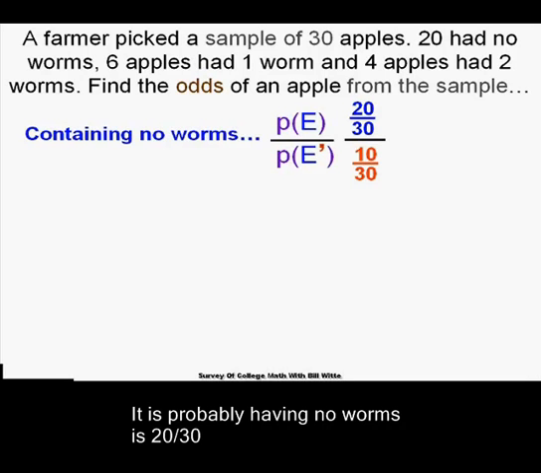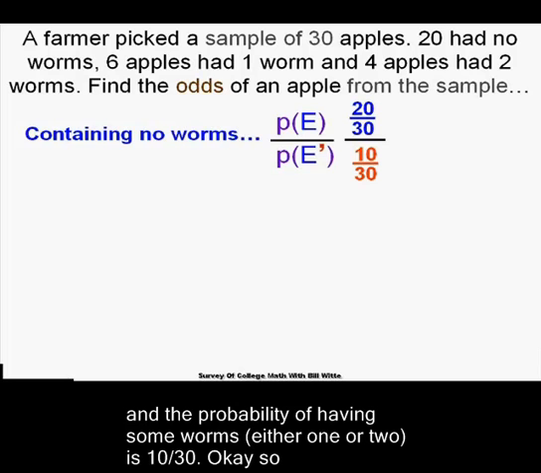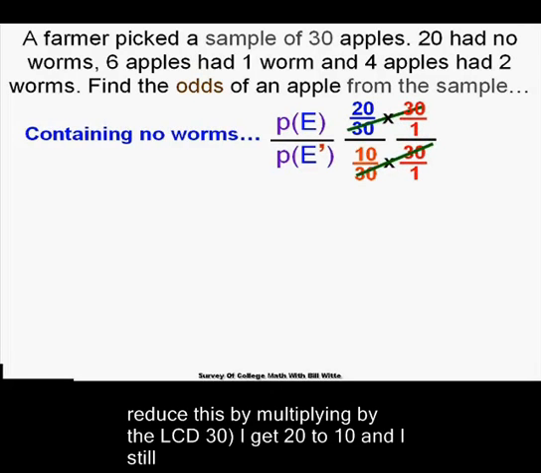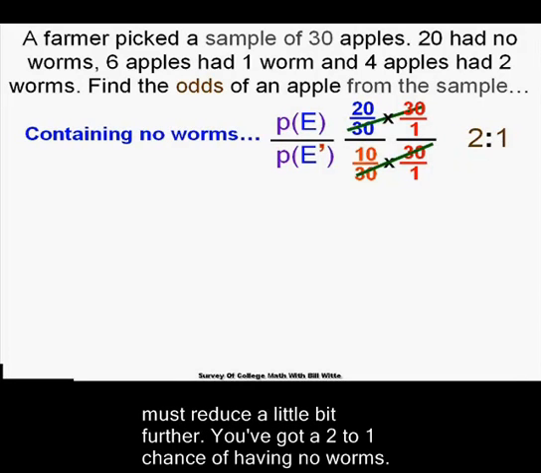And the probability of having some worms, either 1 or 2, is 10 over 30. So the odds of your apples containing no worms, well, of course we have to reduce this by multiplying by the LCD 30. I get 20 to 10. We still got to reduce a little bit further. You've got a 2 to 1 chance of having no worms.